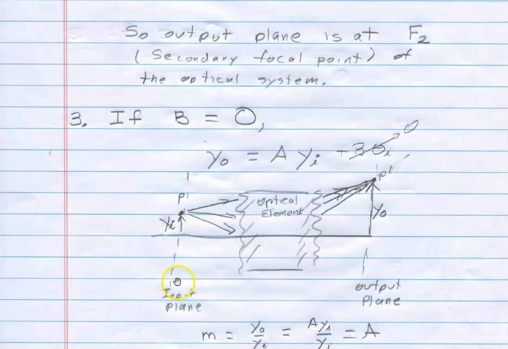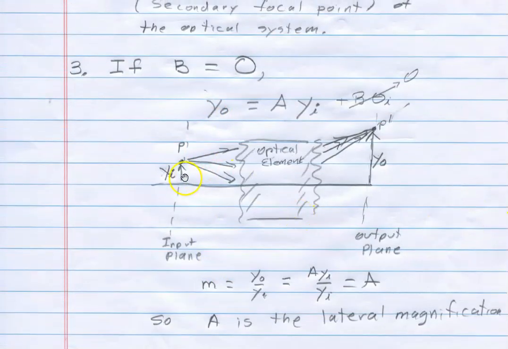And again, the optical system is everything in between. I've got an optical element here. I may have a translation here, between the input and the output plane. But having this, I can certainly take the ratio of the image height to the object height. In this case, the object height is y_i, and the image height is y_o.